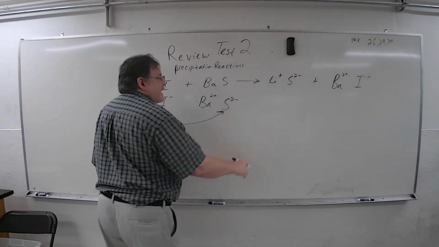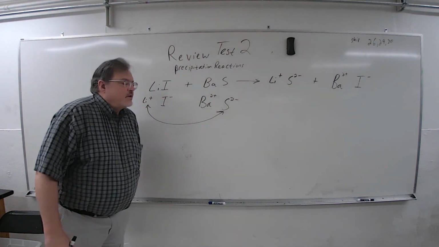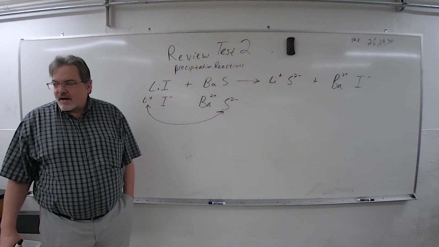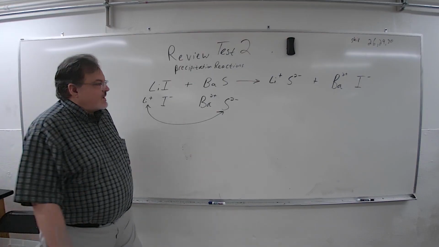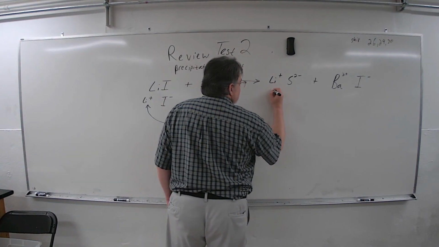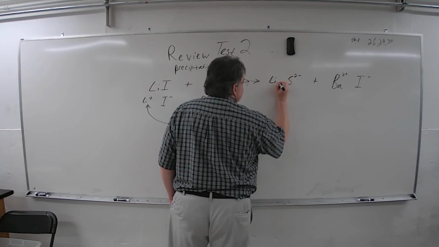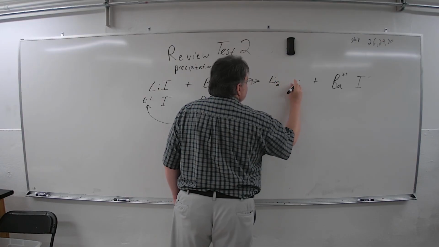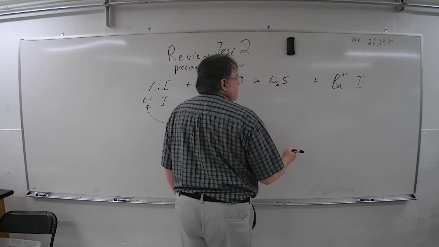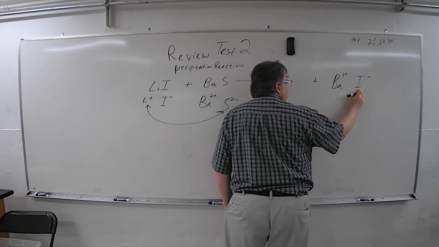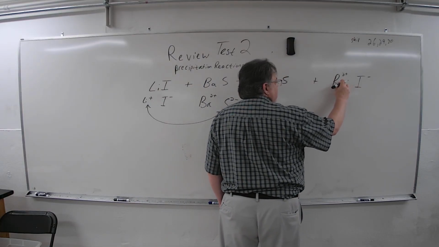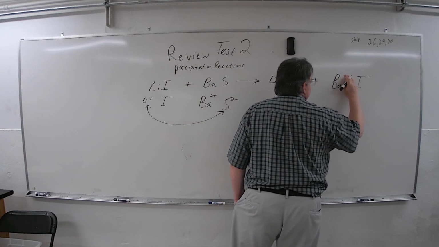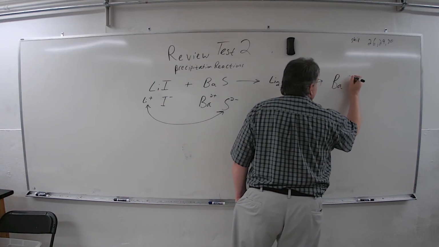I have to make a formula out of those. There's 2 negative charges and 1 positive charge. So that means I'm going to need 2 of those. So one of the things I'm going to get is Li2S. And I'm going to need 2 I's to match the 2 plus here. So I'm going to have BaI2.